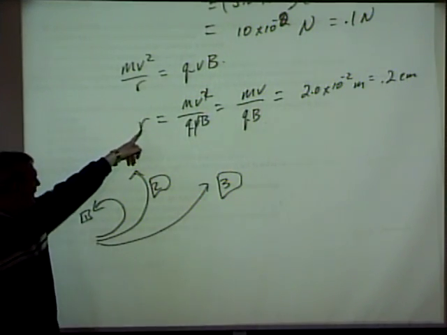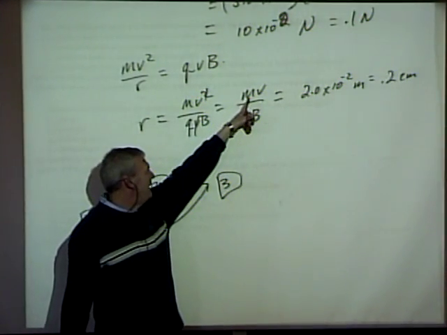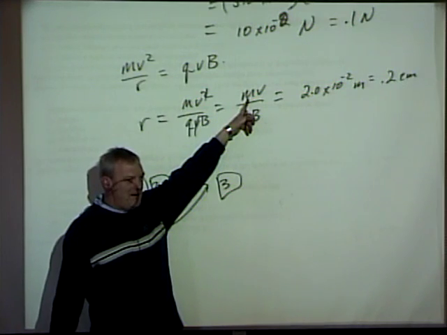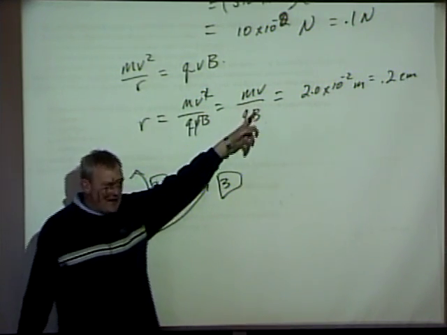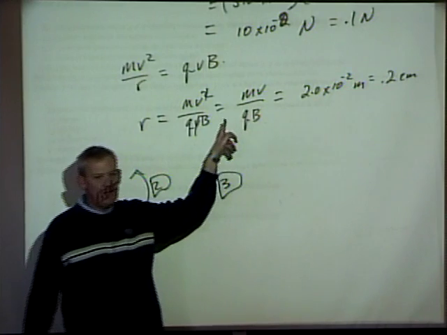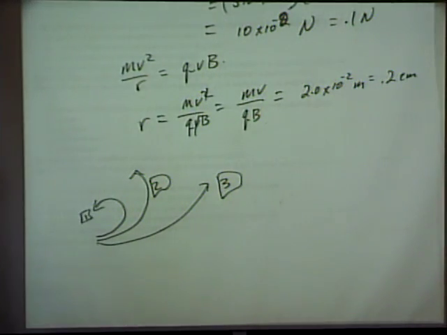So if we look at the radius, if m gets bigger, what's going to happen to the radius in this equation? It's going to get bigger if v and q are the same. Okay, now let's say they all have the same mass. Which one has the smallest charge?